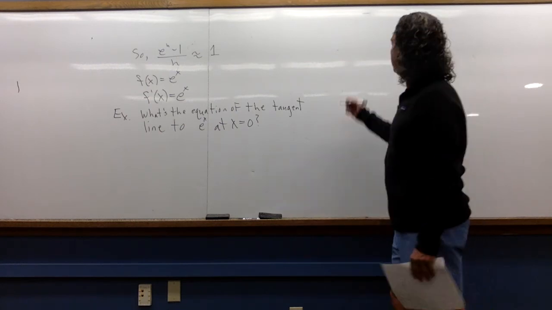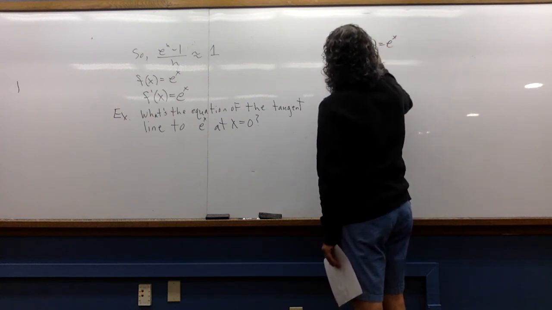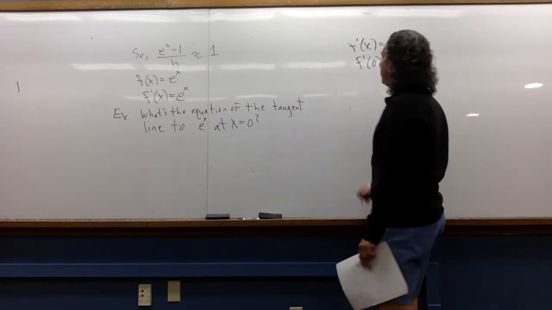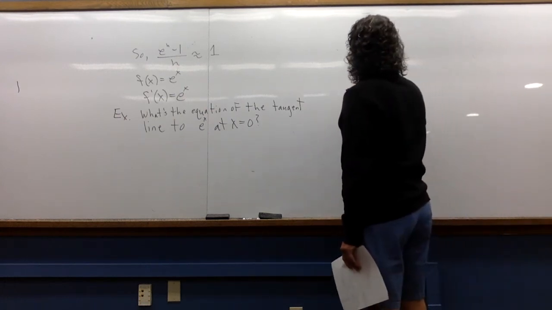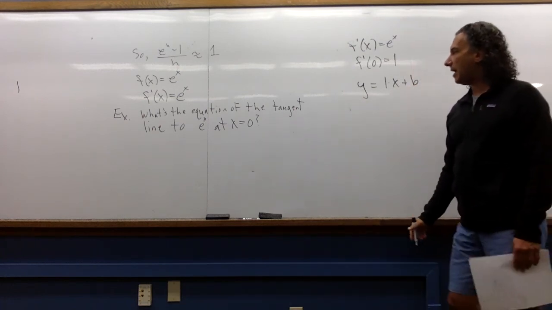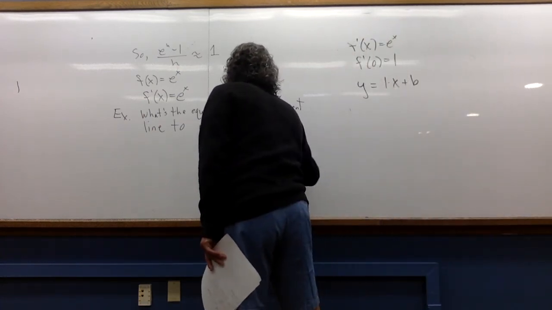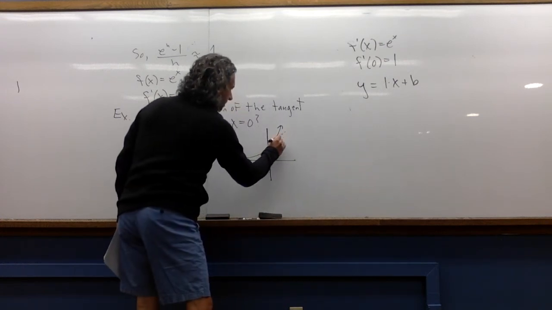Right, hopefully you paused the video, and you said, oh, f prime of x is e to the x. So f prime of 0 is just 1. That's just e to the 0. So that's my slope. So we have y equals 1x plus b. Let me just draw a picture so we can see this. Line that we're interested in, I want this guy.